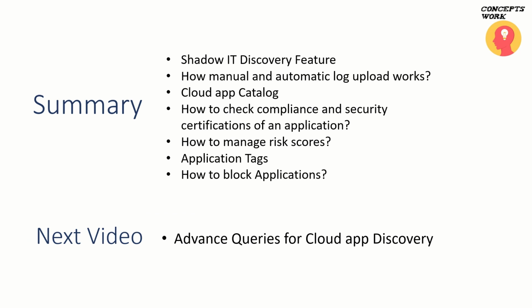We also discussed the Cloud App Catalog, how to check compliance and security certifications of an application, how to manage risk score, what application tags are, and how to block an application at the network layer itself. In the next video, I'm going to talk about the advanced queries or filters that you need to know about Cloud App Discovery itself.